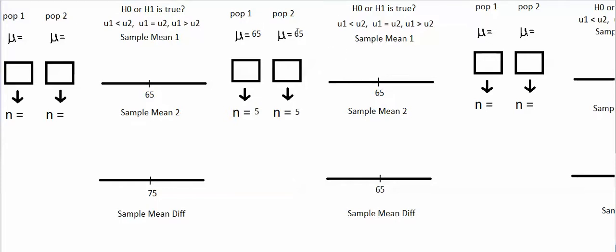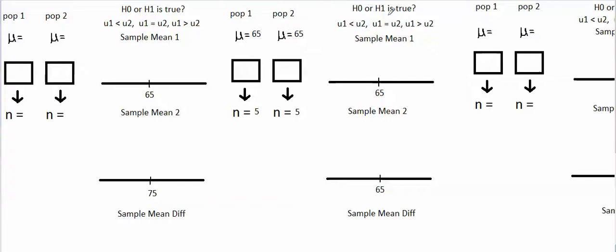Next, I want you to decide whether the null hypothesis is true. So whether the null hypothesis is true if the population means are equal. You as a researcher don't know what the population means are, but if they are equal, then the null hypothesis is true. So since they are equal, the null is true.